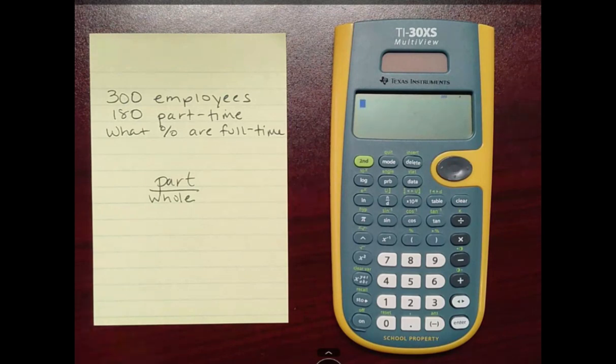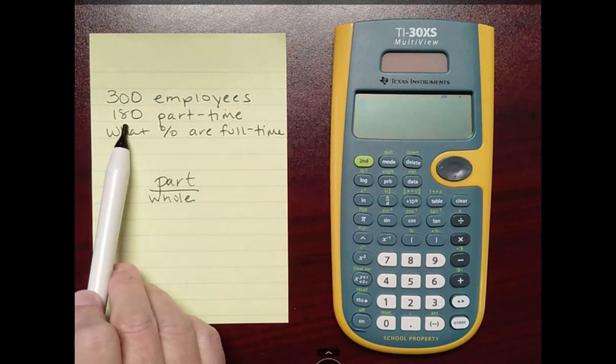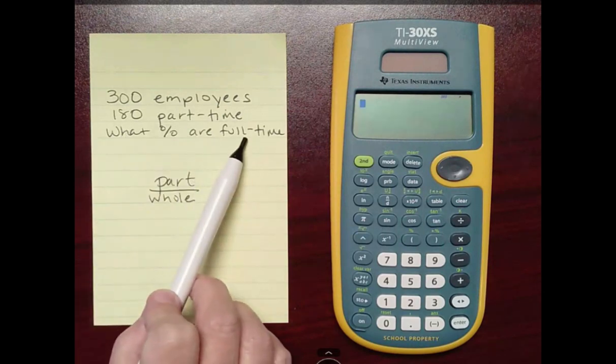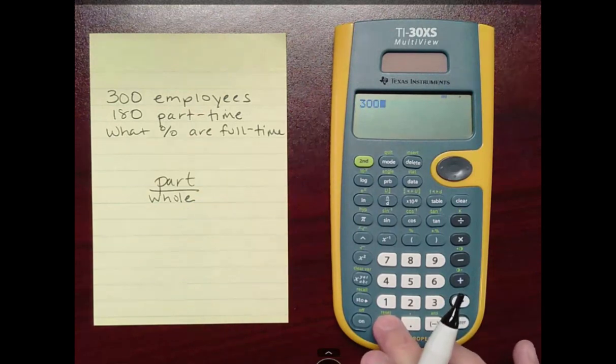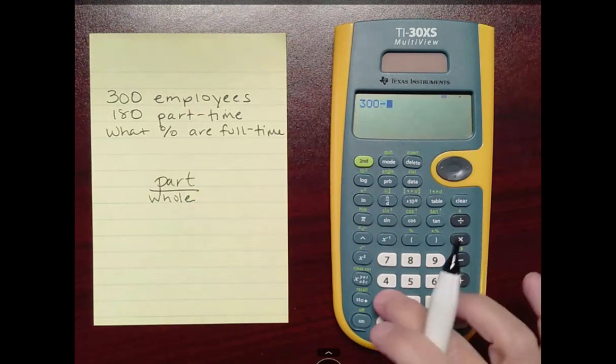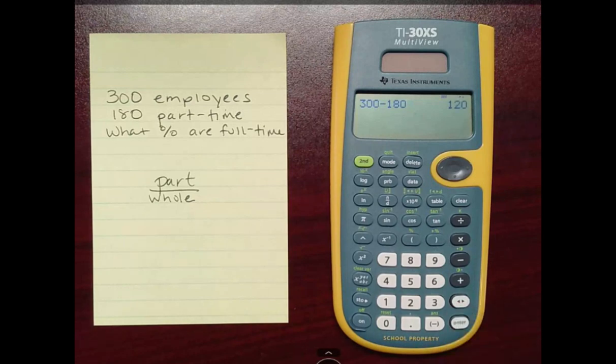They give me the number of part-time employees, but they're asking what percent are full-time. They didn't tell me how many are full-time, but can I figure that information out? Sure, if there are 300 employees and 180 are part-time, we're just going to subtract 300 minus 180 tells me 120 of the employees are full-time.